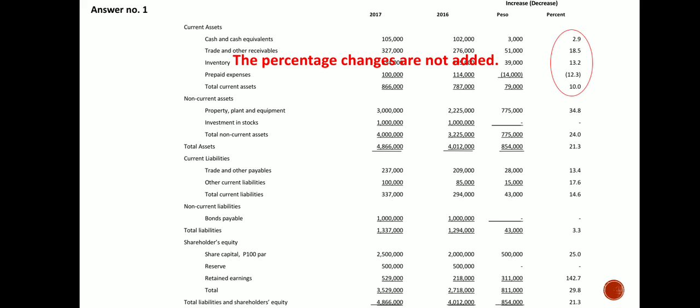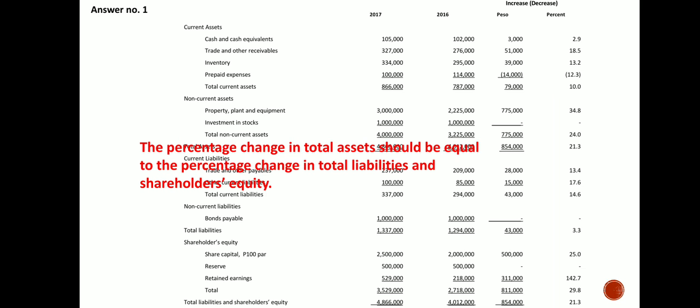So, another thing that you must notice is that the percentage change in total assets should be equal to the percentage change in shareholders equity. So kung nakita ninyo, the percentage change in total assets is 21.3%, which is equal to the percentage of change in total liabilities and shareholders equity, which is also 21.3%.